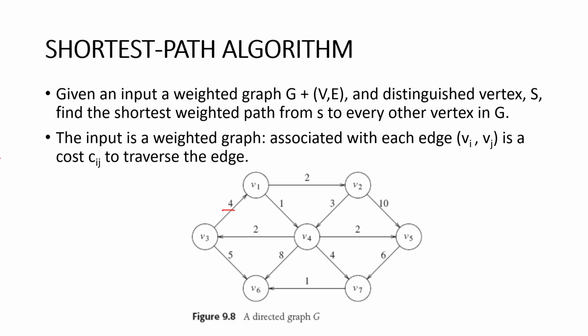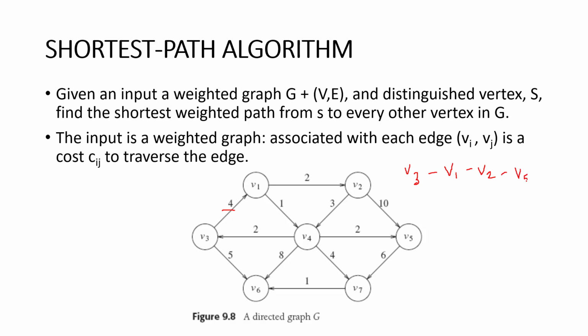So here, let's say if I have to traverse from v3 to v5, there are different possible paths. I can go from v3 to v1, then I can go to v2, and I can go to v5.